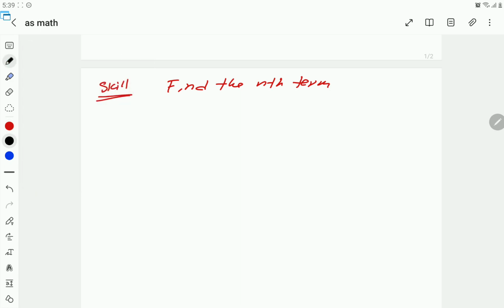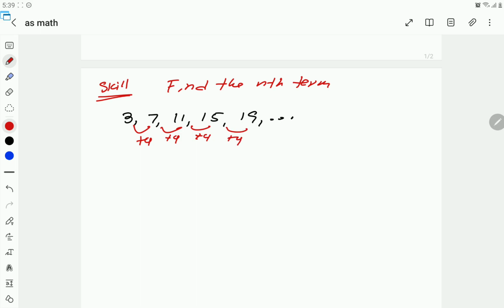So for example, you have 3, 7, 11, 15, 19. So as you can see from here, you get the next term by adding plus 4. See, all of this is plus 4, plus 4.